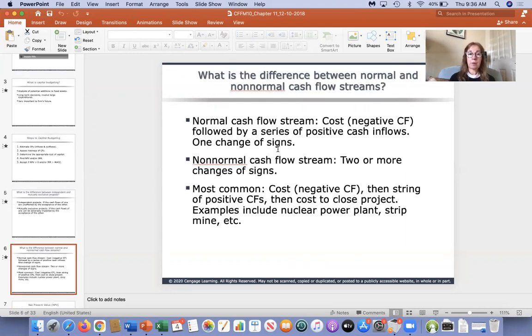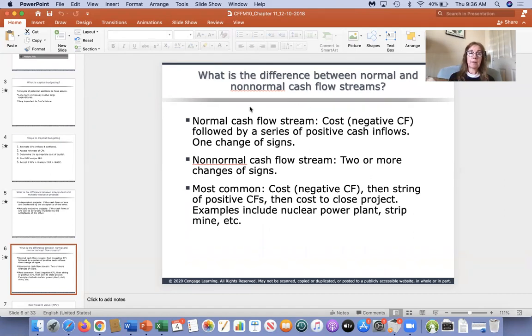When we're doing these capital budgeting calculations, we are looking at a cash flow stream and finding the present value of the cash flow stream. So when we talk about net present value, we are analyzing the present value of the cash flow stream that this project is going to give us.